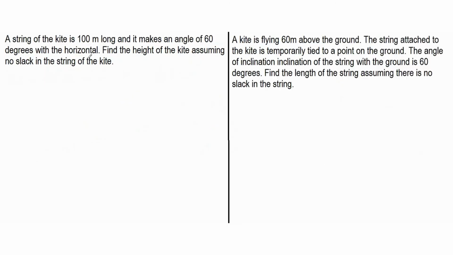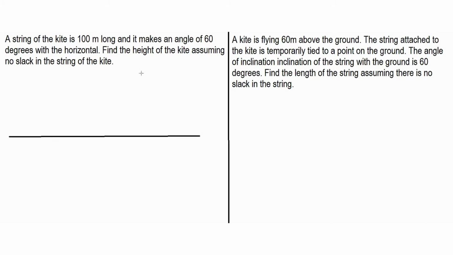So let us consider these two questions. Let's make the diagram. A string of a kite is 100 meters long and it makes an angle of 60 degrees with the horizontal. So let us draw a horizontal line. This is the horizontal ground.